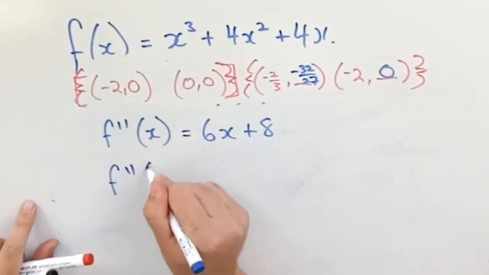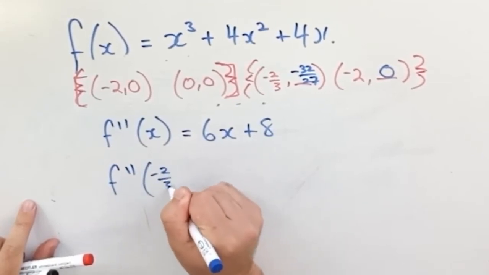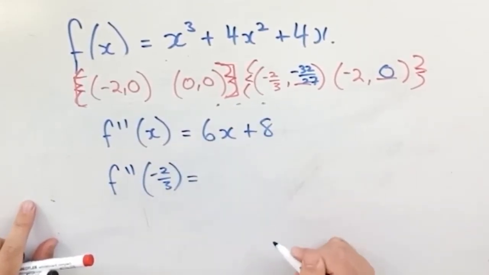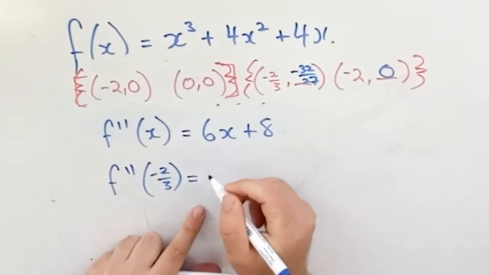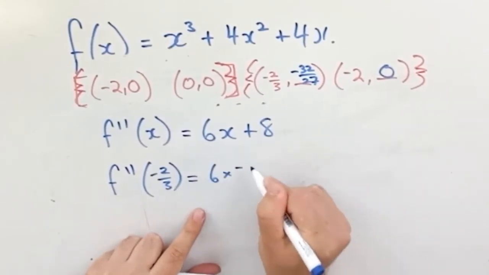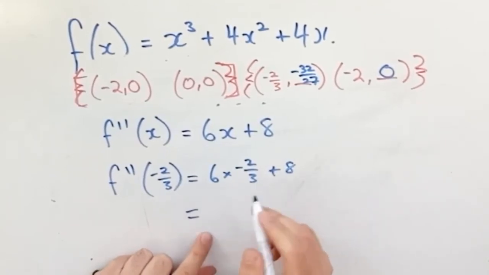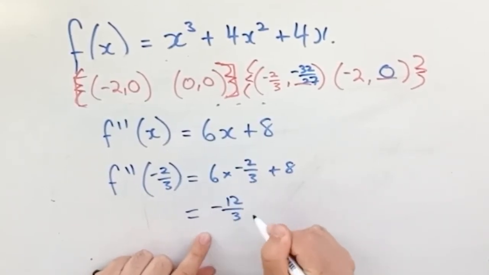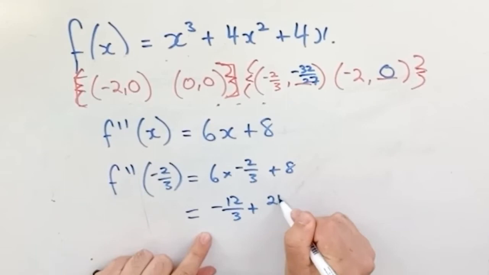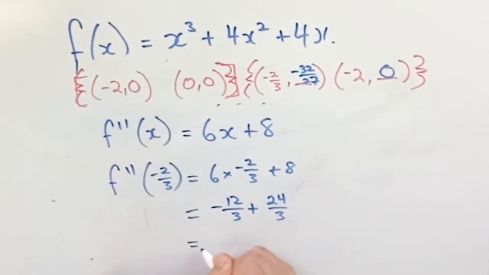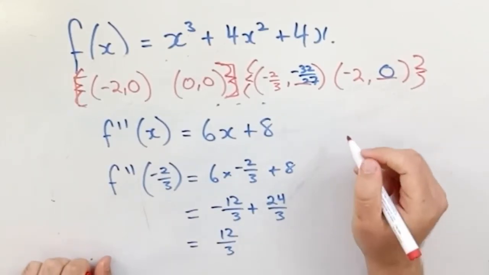So let's go double derivative at negative 2/3. Okay. Let's see what we get. We get 6 times negative 2/3 plus 8 equals, what do I get? I get negative 12/3 plus 24/3, which is 12/3. That's a positive number.